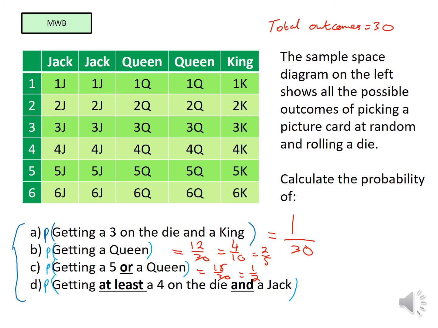You can get any one of them, but you also have to have a jack. It must be a jack. So it's going to be these ones here. At least a 4, so 4, 5 and 6, and you must have a jack. So in total we have 6 out of 30, which equals 1/5. 1/5.